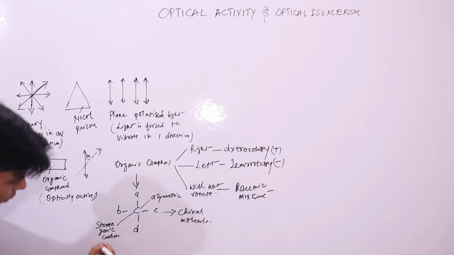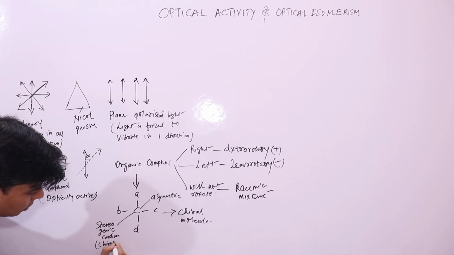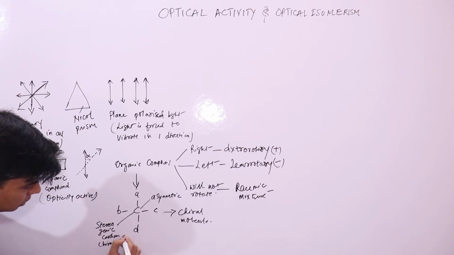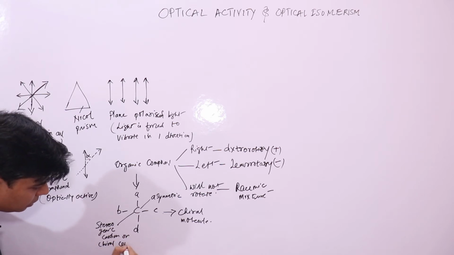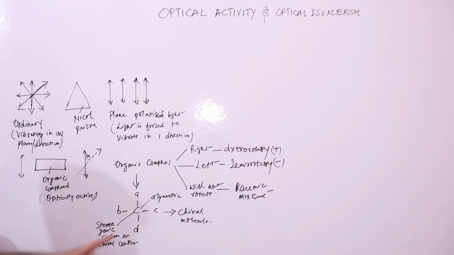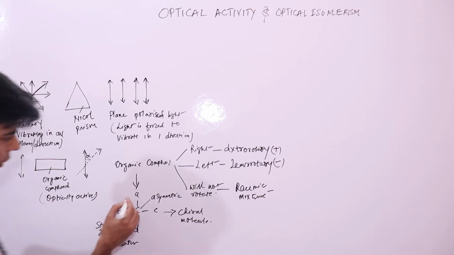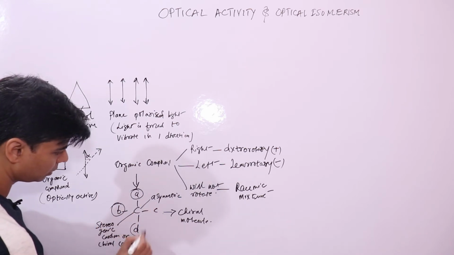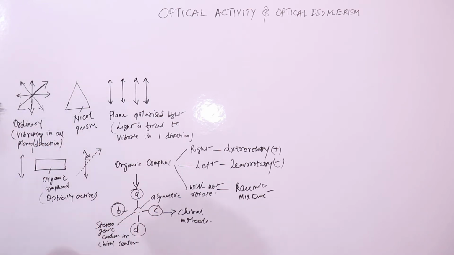Or this is also known as chiral center, right? So just understand one thing here, that the organic compound which is in this tube, that is rotating this plane of polarized light, consists of a carbon atom connected to four different atoms or groups, right?